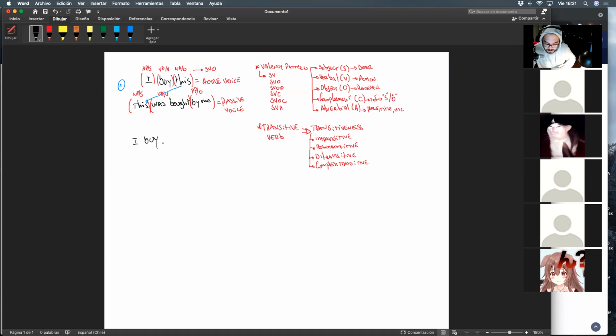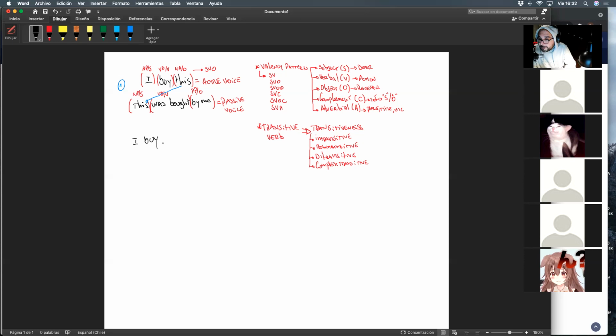What I want to say with this is the following: you will find verbs which can be transitive or intransitive, and that description will depend on the context in which they are placed, right? Do you understand that? ¿Se entiende, no?